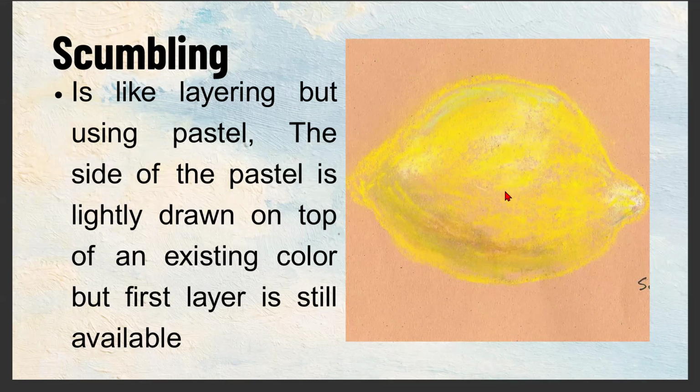It adds more depth, and in order for you to achieve this, you need to use the side of the pastel. Because you need to create a soft blend to layer the colors, and at the same time to enhance the color variation that the audience will see right after the artwork is done.